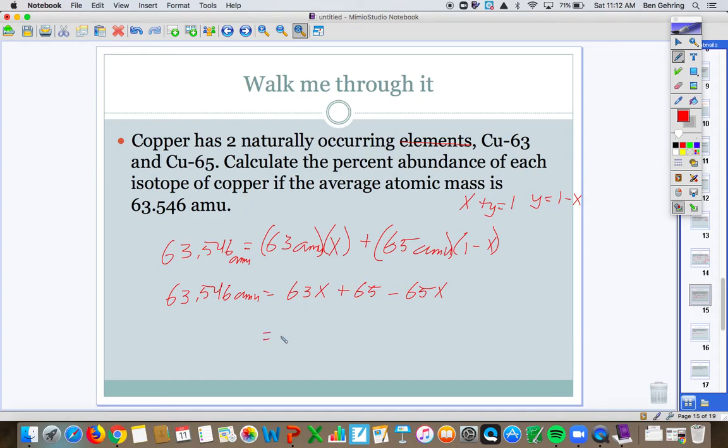So again, on this side, 63x minus 65x is negative 2x. I'm going to subtract my 65 to the other side. So 63.546 minus 65 is negative 1.454.